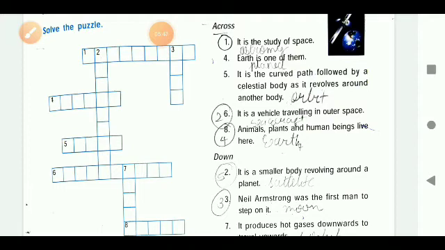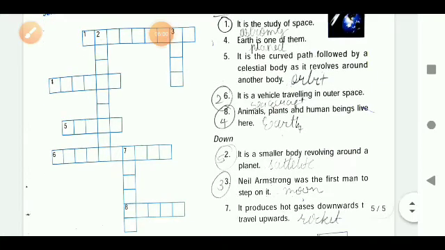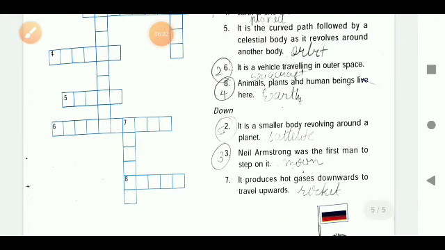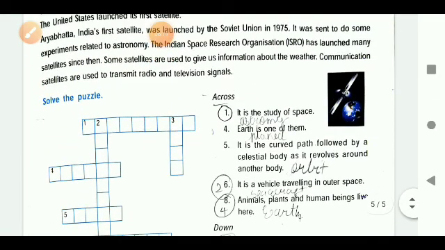So you have to write true. Animals, plants and human beings live on the earth. This is also true. Satellite is a smaller body revolving around a planet. This is also true. In this way you have to read this lesson.